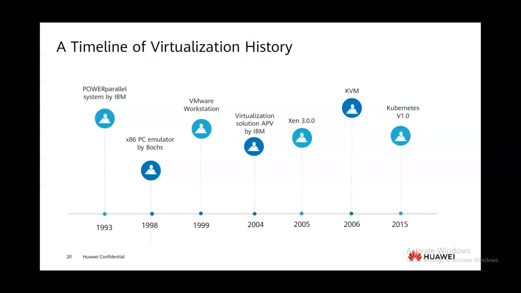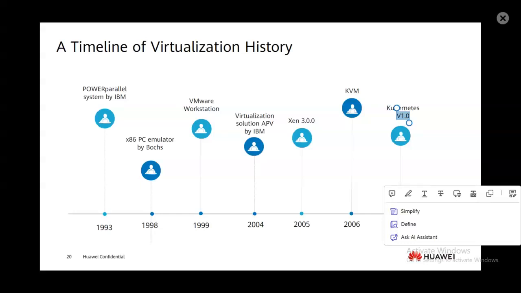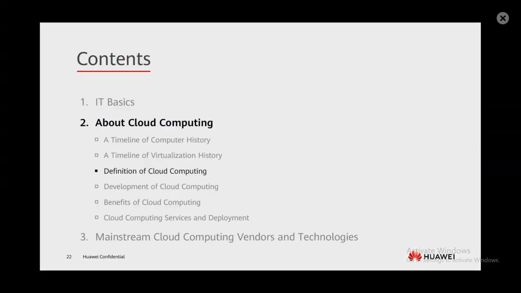Xen is another virtualization technology started in 2005. KVM, and now we have even more than this. The containers, the Dockers, these are the new ones that we are using right now. So basically, this is the timeline of how this technology developed.